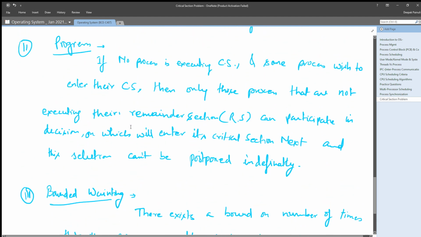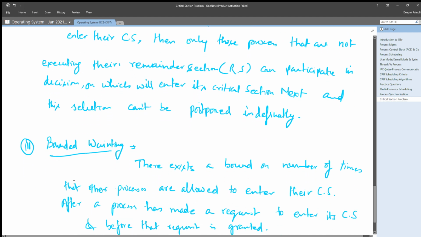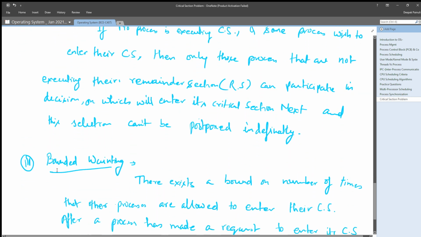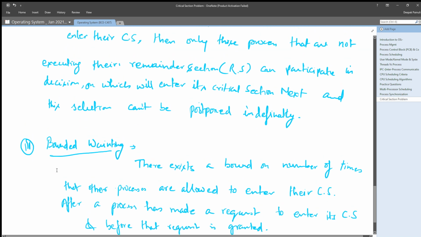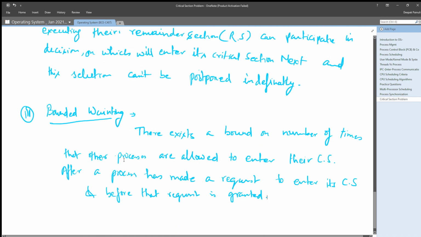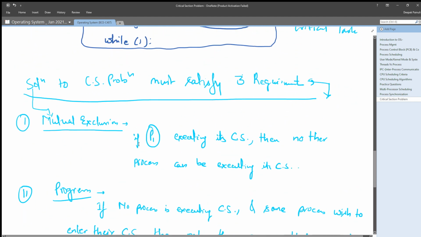We'll discuss it in tomorrow's lecture in detail with an example. The third condition it must satisfy is bounded waiting, that there should be a bounded wait for all the processes. It states there exists a bound on the number of times that other processes are allowed to enter their critical section after a process has made the request to enter its critical section and before the request is granted. That means there should not be any starvation in the system for any particular process if a process wants to execute its critical section, right?